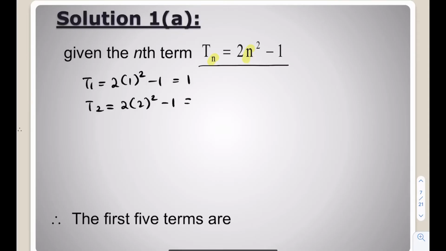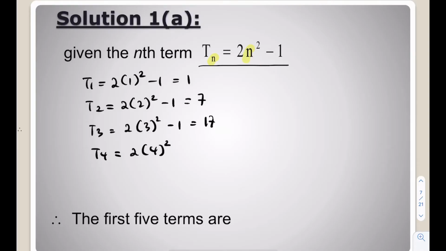Calculate, equals to 7. T3 equals to 2 multiplied by 3 squared minus 1. Calculate, equals to 17. T4, 2 multiplied by 4 squared minus 1 equals to, calculate, equals to 31.